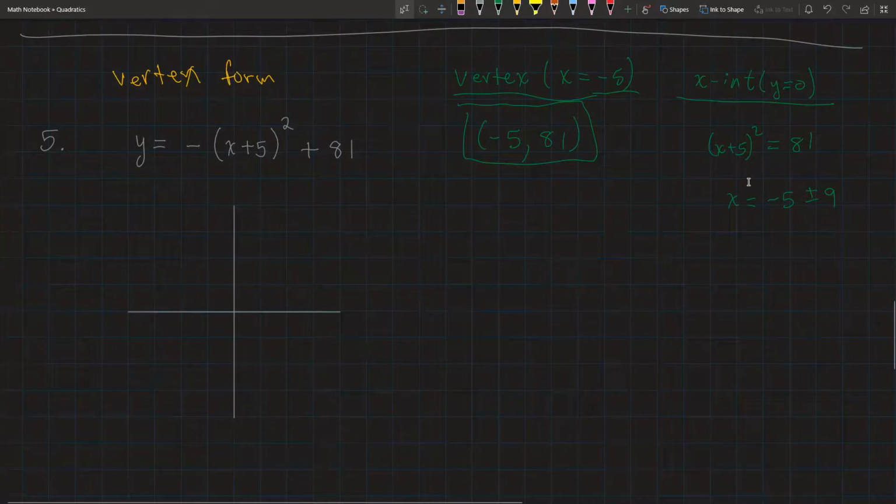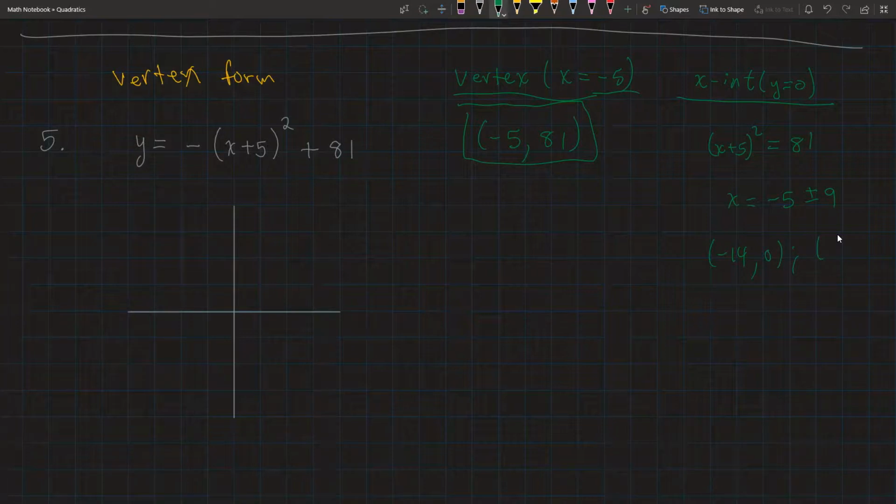And then we go 9 units to the right of that. So -5 minus 9 will be -14, I believe. And the other intercept is -5 plus 9, which is 4.